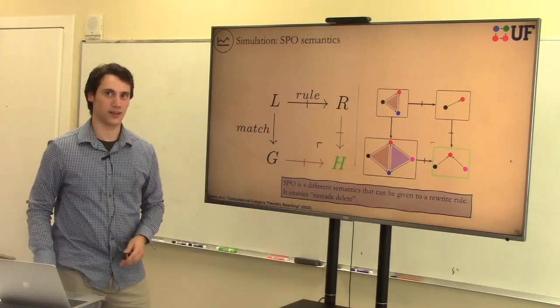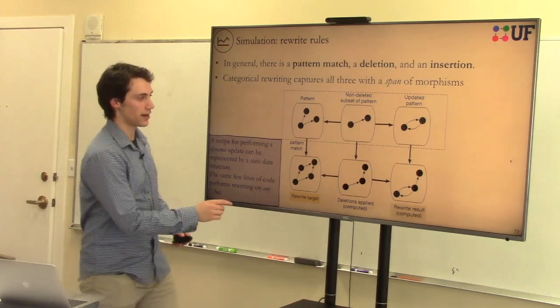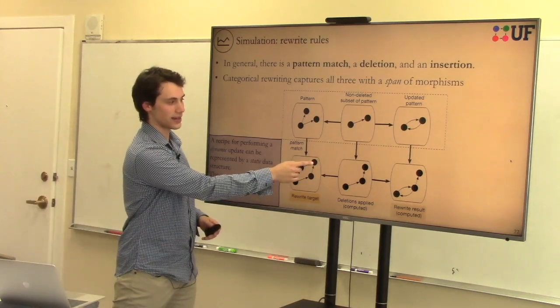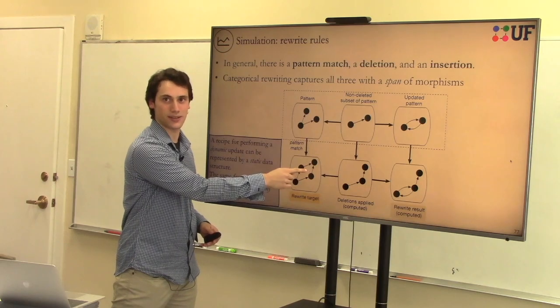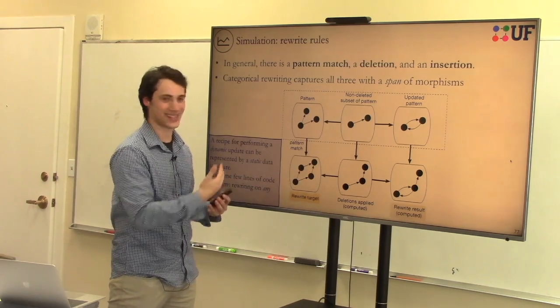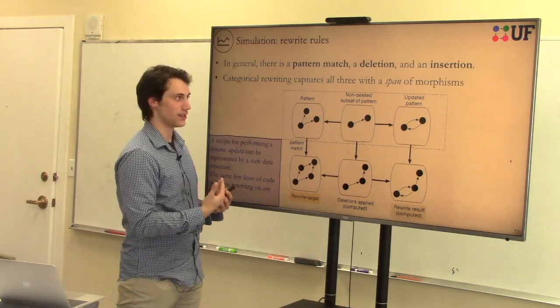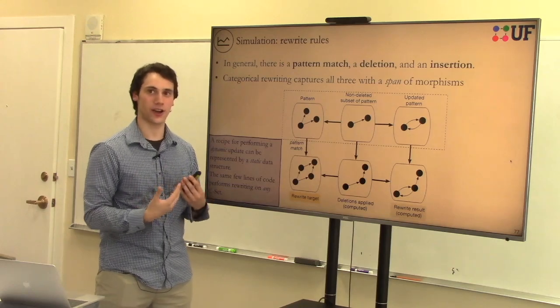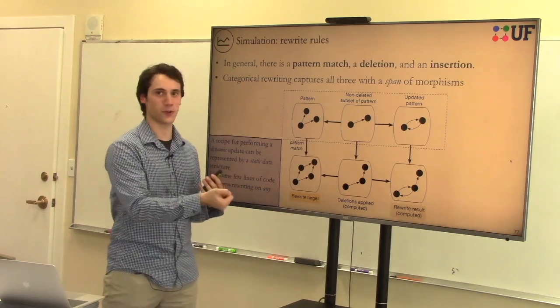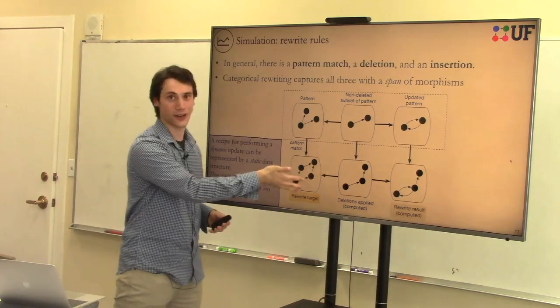Whereas in DPO, I could try to delete this vertex without deleting those edges, but there's a rule which says that's an invalid DPO rewrite rule, and so you're forbidden. There's a way of checking whether you're doing a rewrite rule that would leave dangling edges, which is bad and would create something that's not a graph.